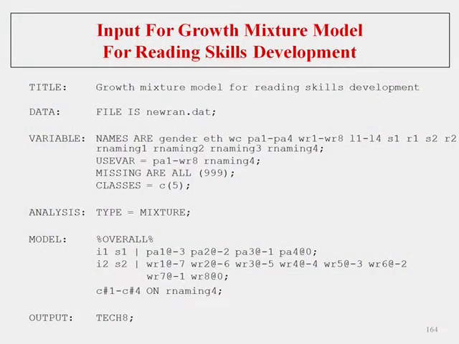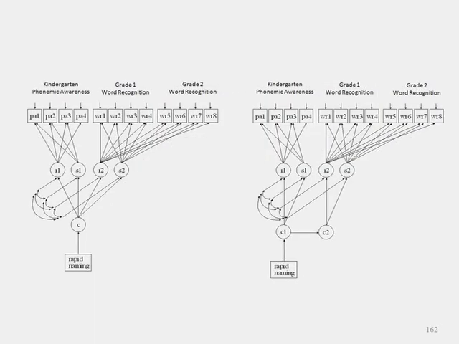We have 1 categorical latent variable, and we're asking for 5 classes. We have the multinomial logistic regression, C#1-C#4 on rapid naming 4. That's the bottom part of the model over there. So this is how we specify this model.